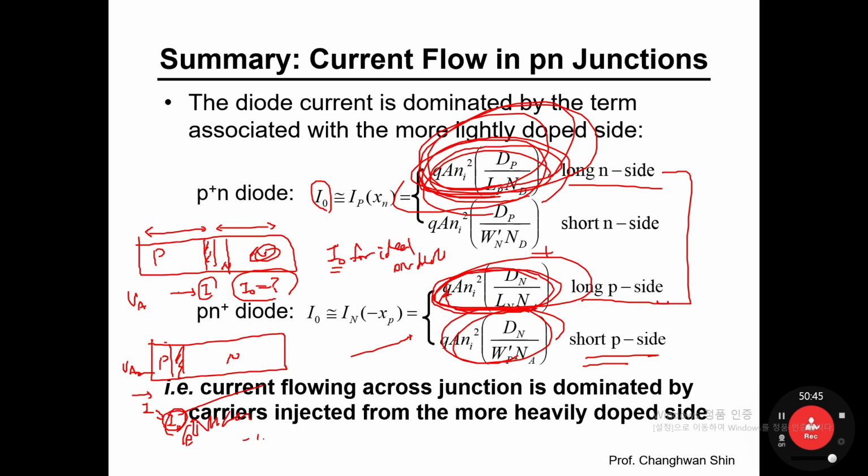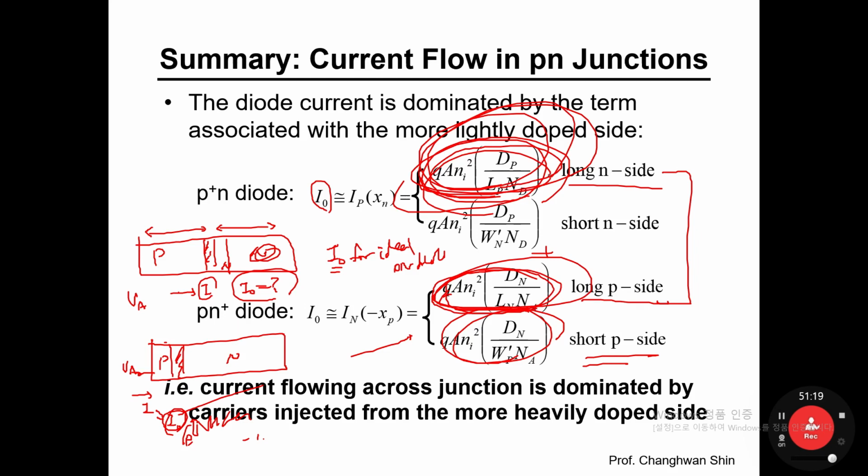So this summary slide well describes how to build up the saturation current equation, I naught. Previously, when we were doing the ideal diode analysis, that was originally a long p side plus long n side junction. But what if either side of the p-n diode has been aggressively shortened, even shorter than one diffusion length of the minority carrier? Then we should go back to this lecture note summary slide and take out the appropriate terms.